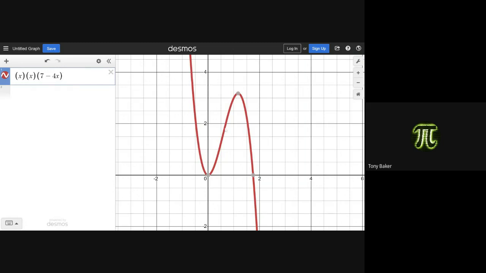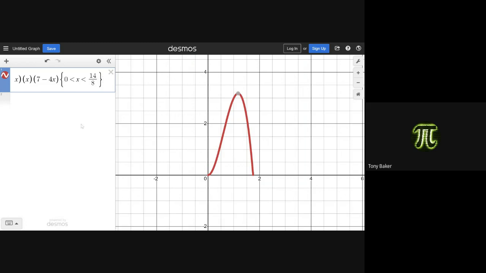My only numbers that are going to work are between 0 and when my x's use up all my perimeter. So that's 14 divided by 8. So I actually have a domain restriction for this one. And that would be my domain restriction.